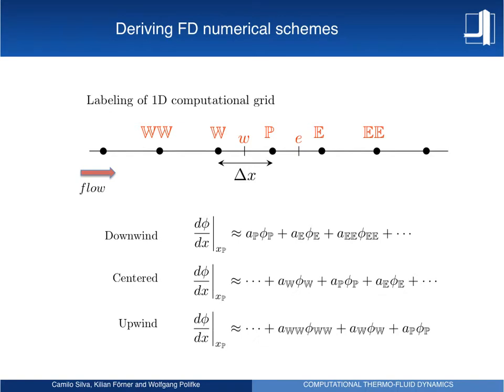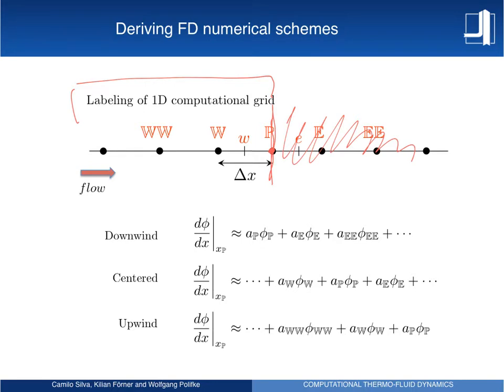However, this is not always the situation. Imagine you are placed in P, and this point doesn't exist because your domain is this one. So this doesn't exist because you are at the boundary. It means in this example that you cannot have information coming from the right because there is nothing.